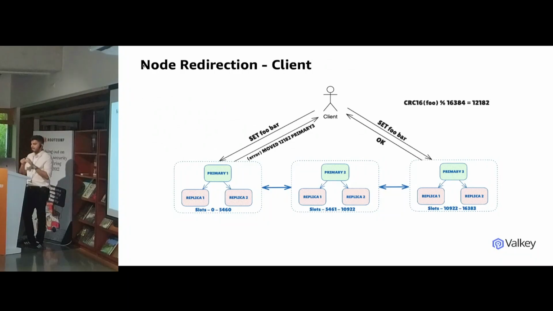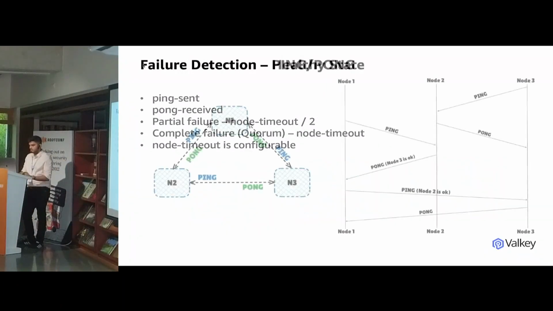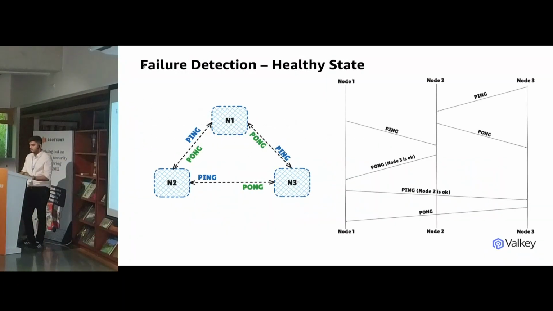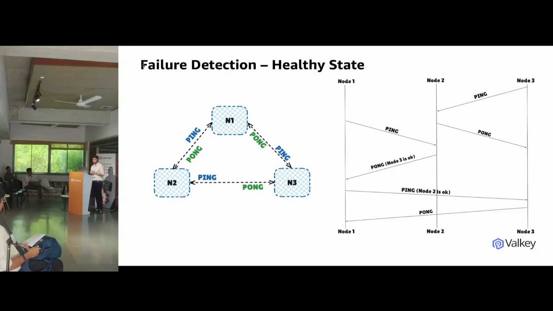So this is a shard. I've just put a box to indicate that. N1 here is a single node. I'm just trying to showcase the failure detection mechanism. Each node is unique, so a primary has ownership of the slots.